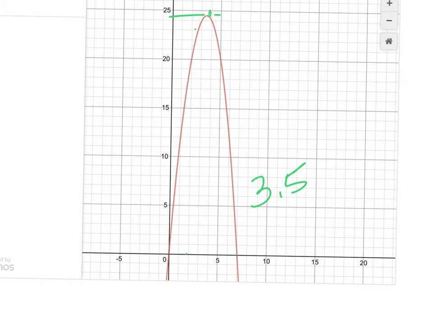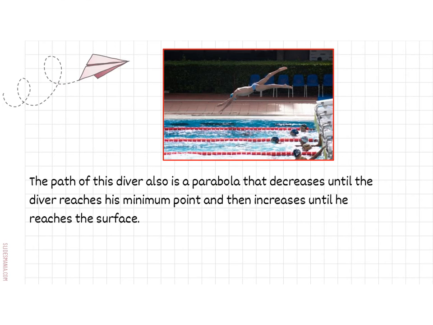So this is my vertex right here, and so my axis of symmetry is right here, and I know I'm a little crooked. So 1, 2, 3.5, and then I have a half, 1, 2, 3. So 3.5 until it reaches the ground here. Okay, so let me go back for that. Well, from 0 seconds to 5, 6, 7 seconds. So it looks like 7 seconds. Yeah, that makes sense.